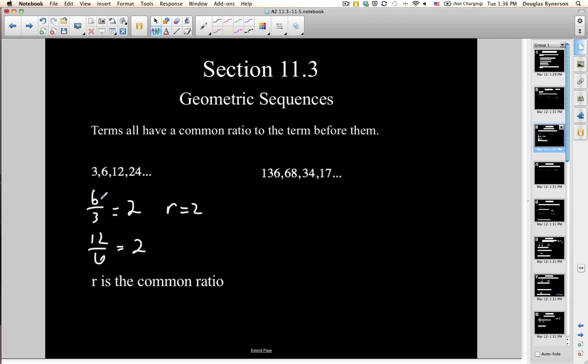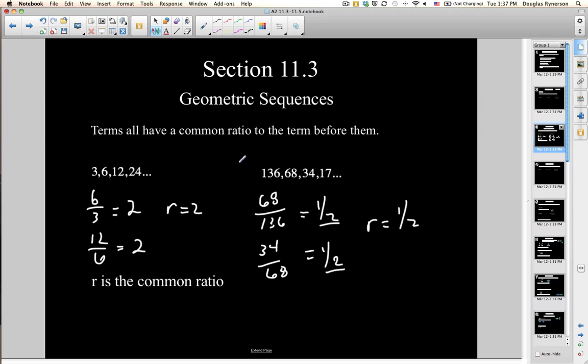Here we're dividing the second term by the first term. So here 68 divided by 136, that's equal to 1/2. 34 divided by 68, that's equal to 1/2. So I've got the same ratio between the numbers. My common ratio is 1/2.